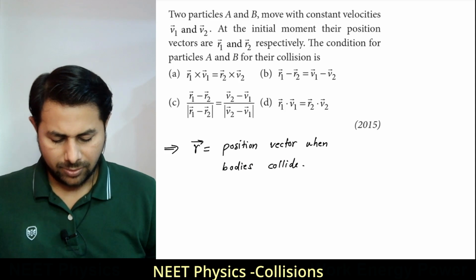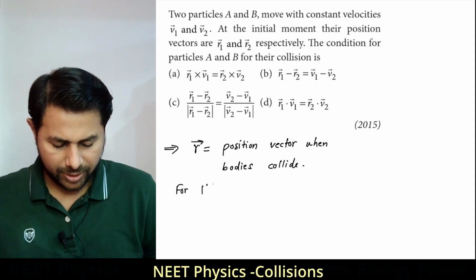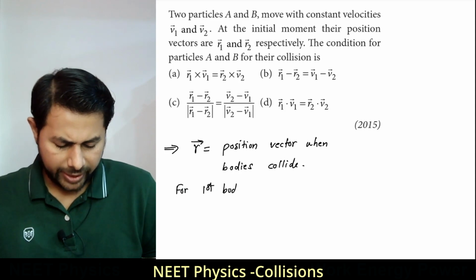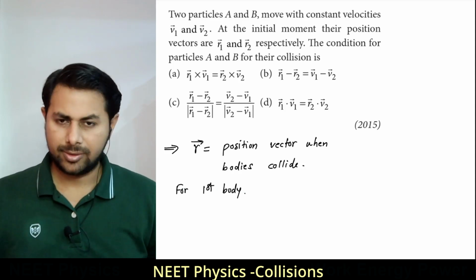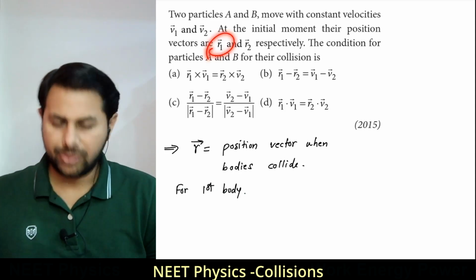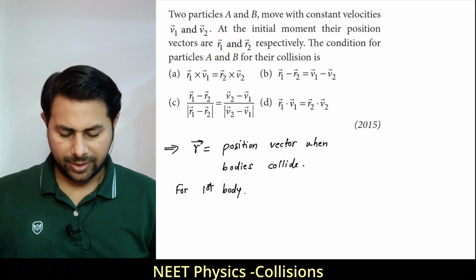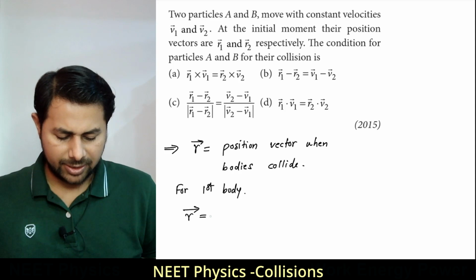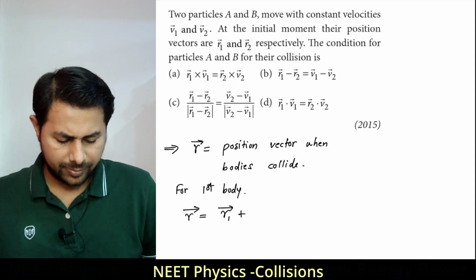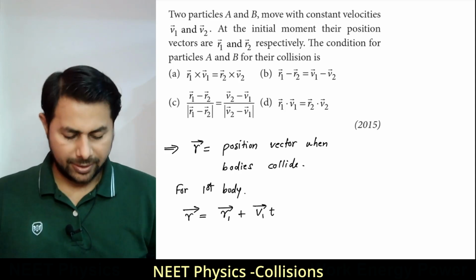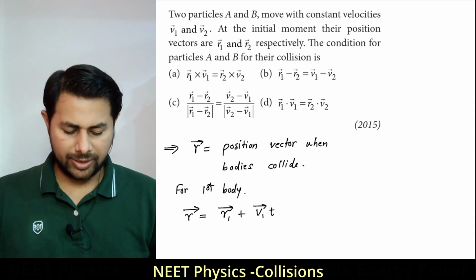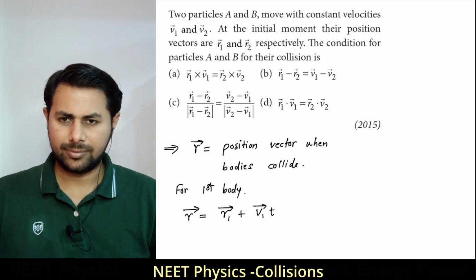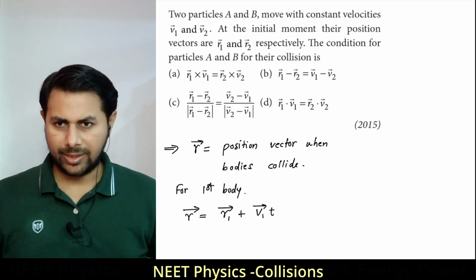Right. So now for the first body, what can I say about this position vector? The first body had initial position vector r1 bar and velocity vector v1 bar. So I can say that this final position vector is equal to initial position vector plus velocity into time, plus v1 into t, right? Can we say that? Yeah, tell me. Okay, we can say that, right?